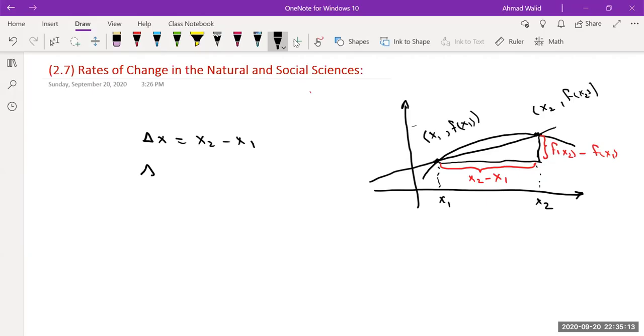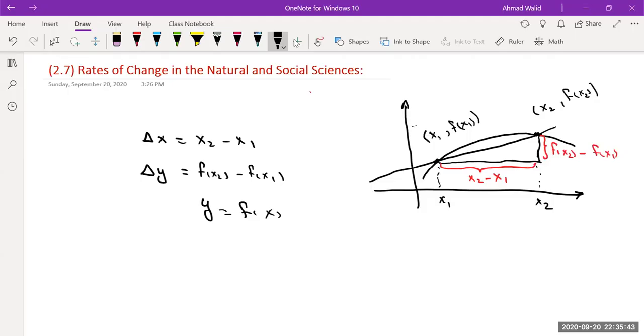And I can name delta y equals f of x2 minus f of x1, or y2 minus y1, correct? Let's name this delta y. This curve that I draw, let's name our curve y equals f of x. It's a curve, any curve, correct? And the line will be the secant line.